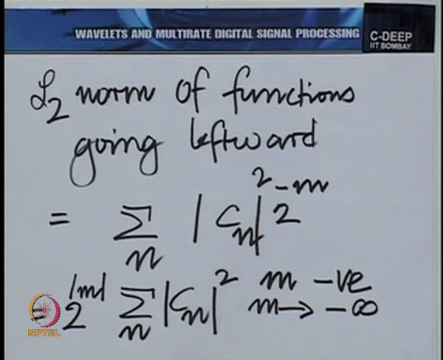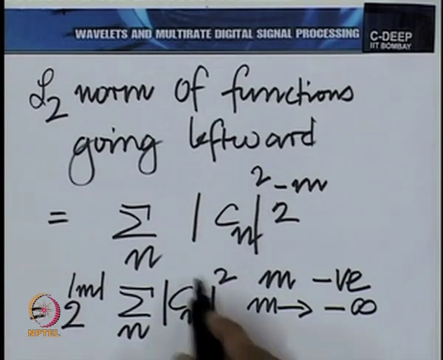Now, you see the subtle point is that if this needs to be finite irrespective of how large m is, we have no control on this except that this part must be finite. But then when we say finite, if it is non-zero and if we allow m to grow without bound, this is going to diverge.